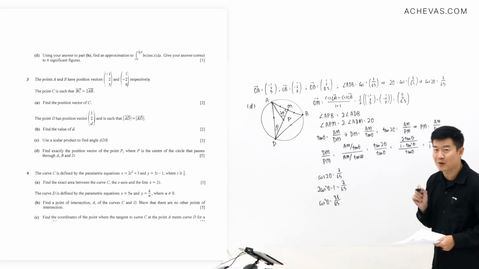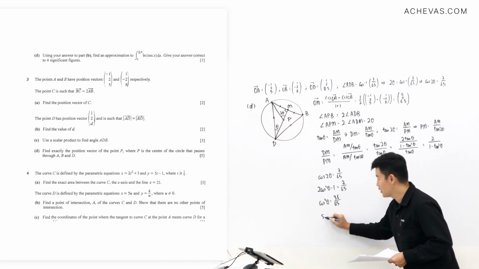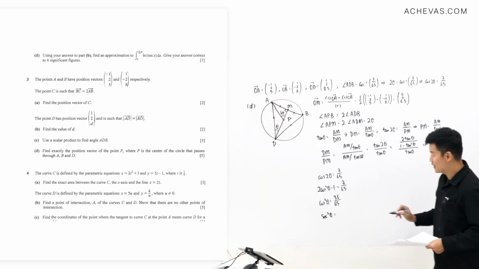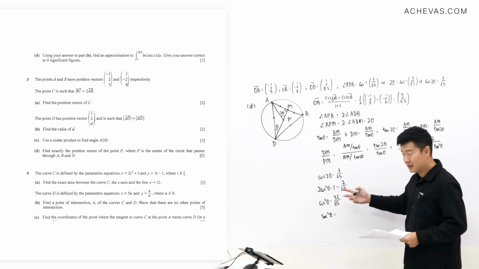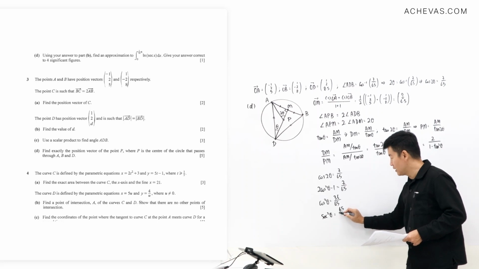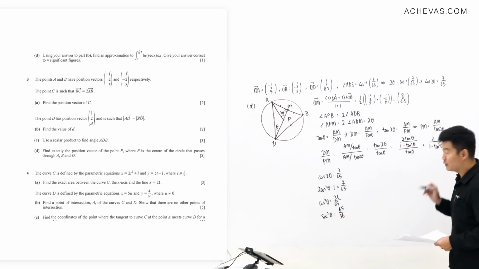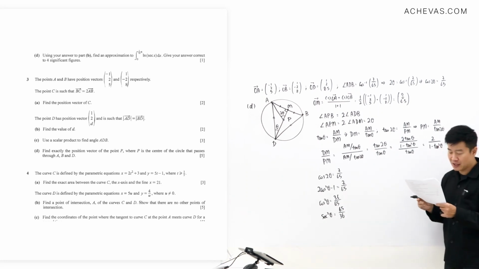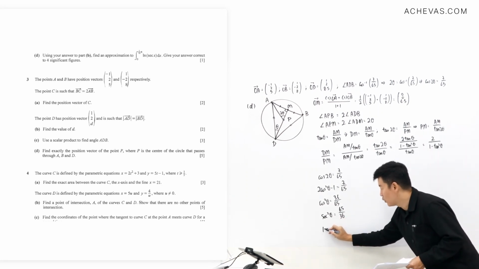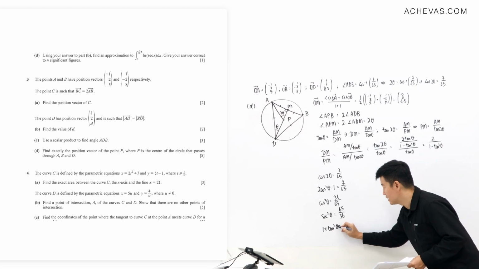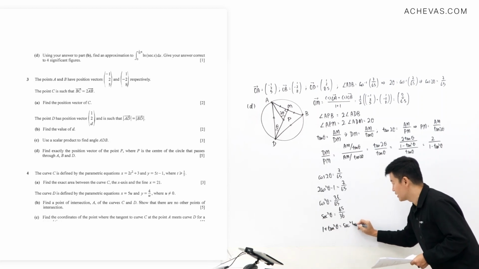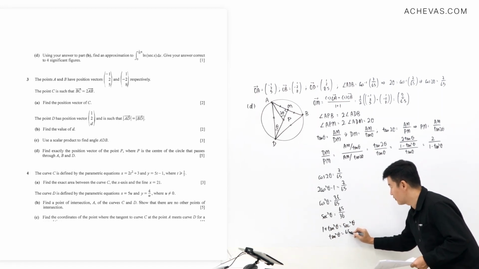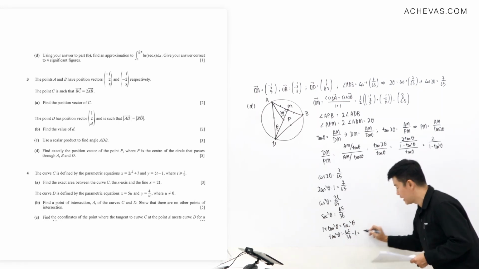And the reason why I want cosine square theta is because I'm actually interested in secant square theta. Secant square theta is going to be flipping this, the reciprocal of this, 65 over 36. And the reason why I'm interested in secant square theta is because I can relate it back to tangent square. And we know that 1 plus tangent square theta is going to be equal to secant square theta. So tangent square theta is going to be 65 over 36 minus 1.